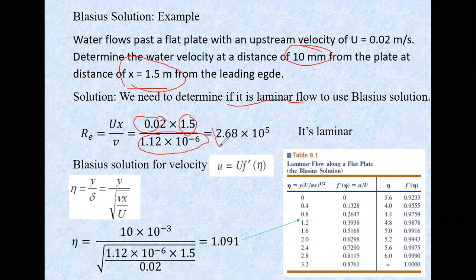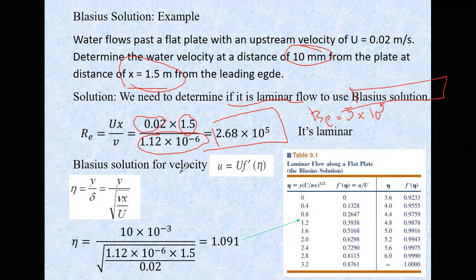We obtain 2.68 times 10 to the power of 5. For external flow, the critical Reynolds number is 5 times 10 to the power of 5. So it's still considered laminar, and we are justified in using the Blasius solution for this problem.